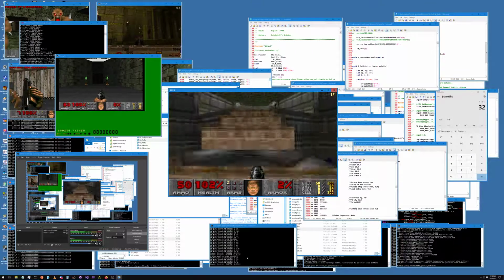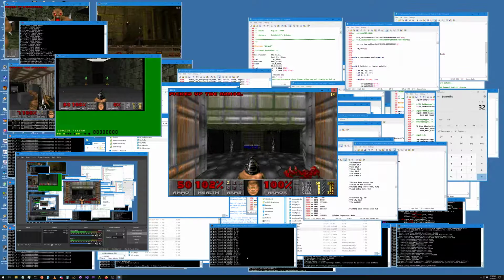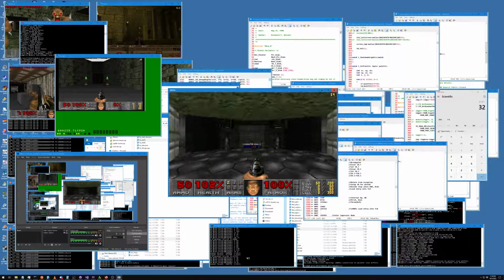There are a few spots that were slower, like this spot here, but now this one is holding at about 16 frames per second.